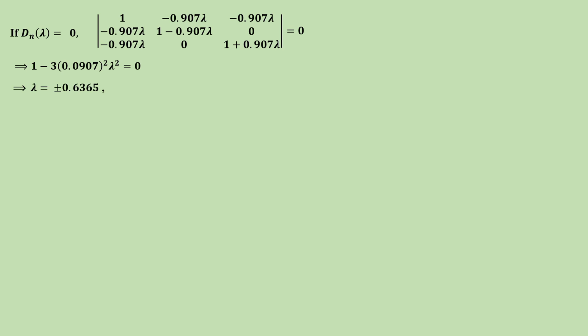Taking that to the other side, lambda squared is equal to 1 by 3 times 0.907 squared. So lambda is plus or minus the square root of that value, which gives plus or minus 0.6365. That is the eigenvalue: lambda 1 is 0.6365 and lambda 2 is minus 0.6365, which are the eigenvalues. Thanks.